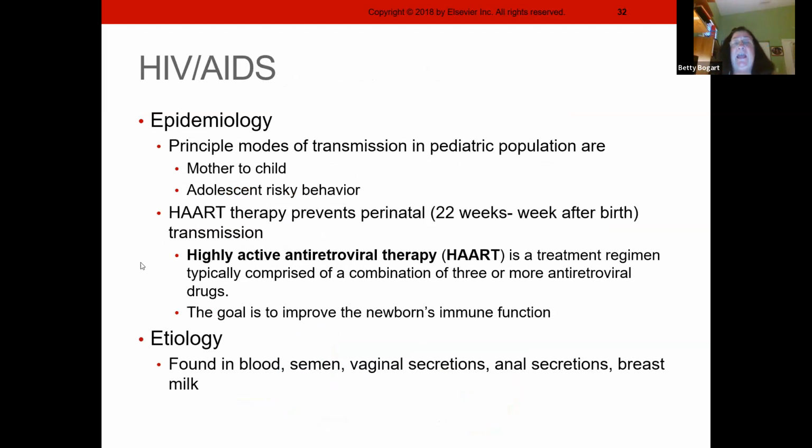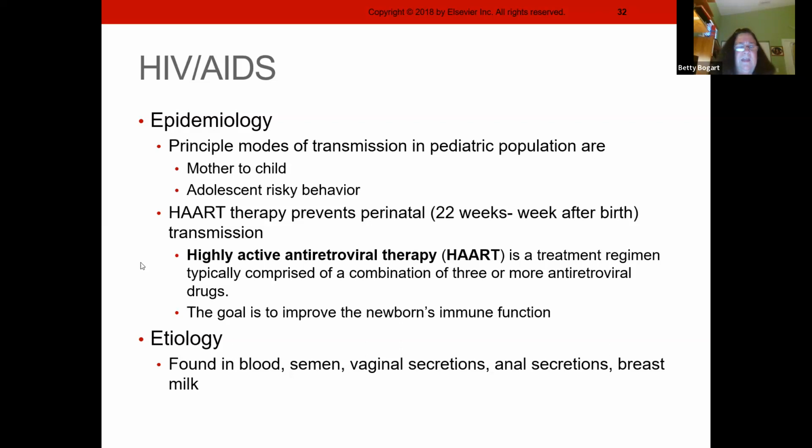Now, HIV/AIDS, we know a lot more about it than we did back in the 80s when it first came out. And we know that we're still going to have babies born with HIV or AIDS or not, depending.